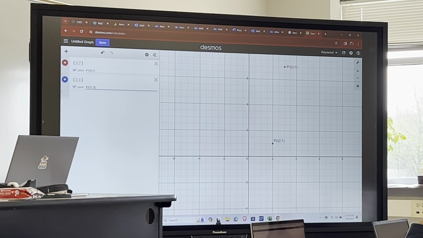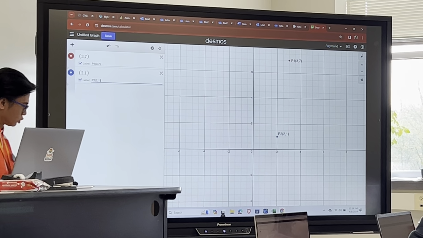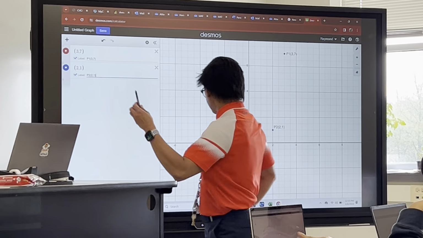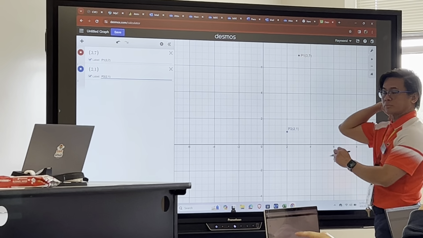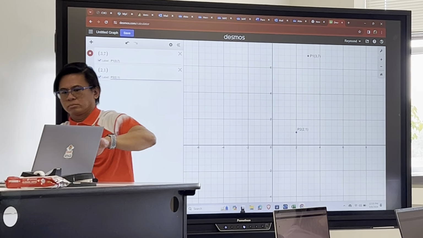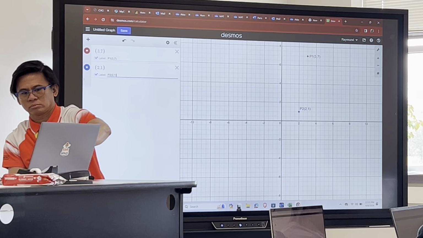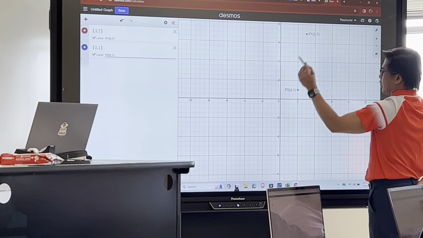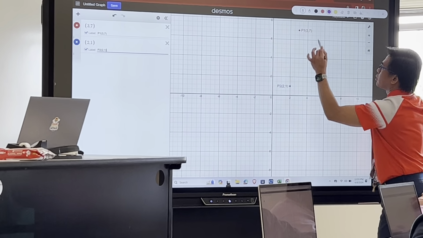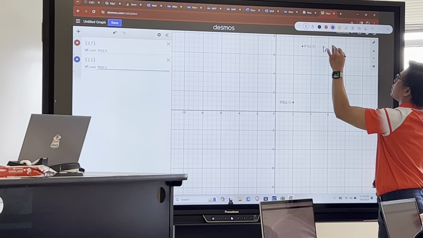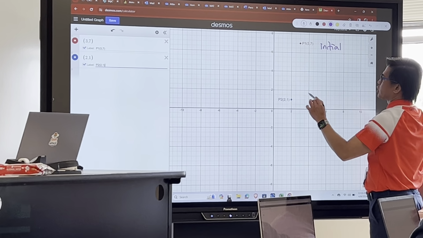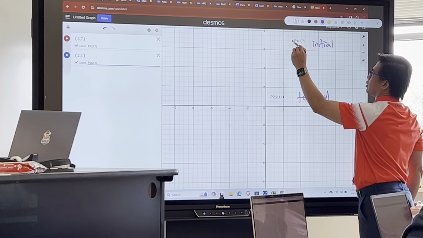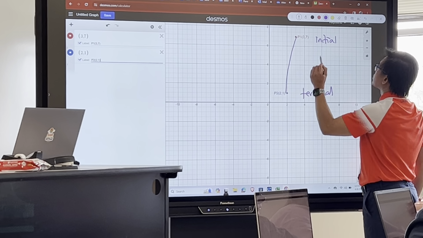Okay. Now, where is our vector now? So to draw our vector here, this is what we're gonna do. From the initial point P1 to the terminal point P2, we're gonna draw this.